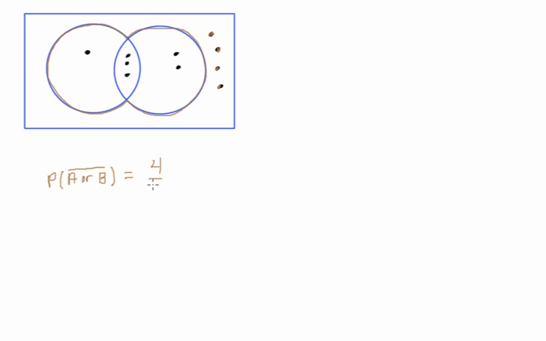So that's 4/10, or 2/5. If you look back to the probability of A or B, that was 3/5. These 2 add to 1, 100% of the stuff that happens. The A or B and the not A or B add up to all the stuff that could happen.